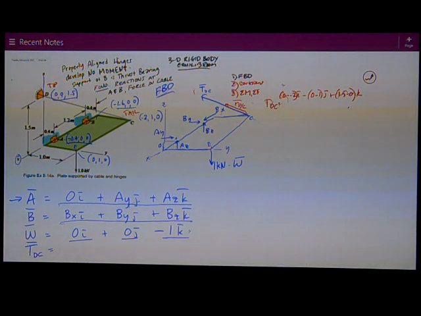I do the math, I've got 2I, that's a plus, -1J, so that makes -1J. And I've got plus 1.5 K.